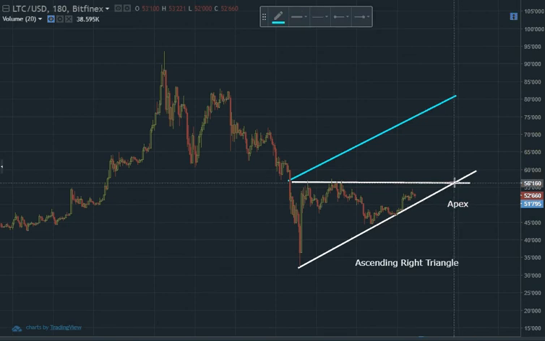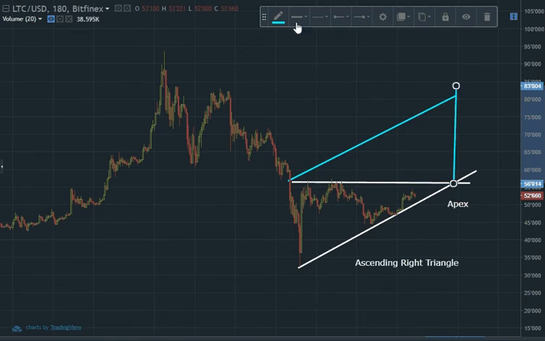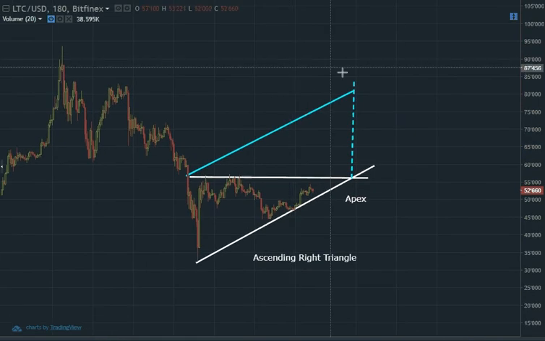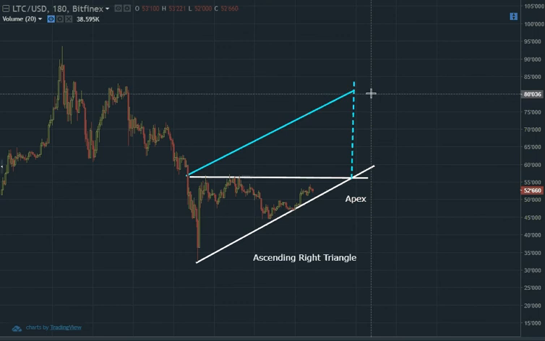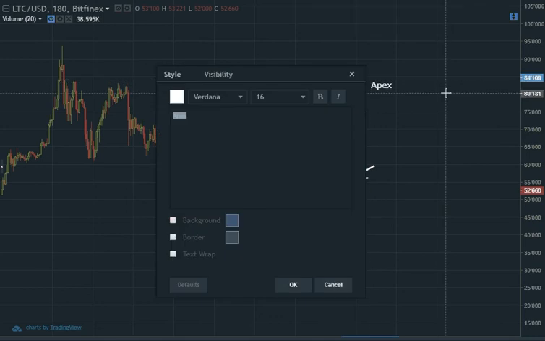From the apex, I draw a vertical line until it meets that parallel line. This is the point where I see the minimum target: $80.18. Don't forget the pennies.